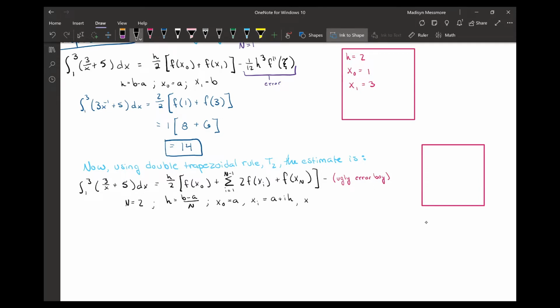And then x sub n is equal to b, where i is equal to 0, 1, 2, and so on. And actually, I think it technically starts at 1, because our summation starts at 1, so it would be 1, 2.